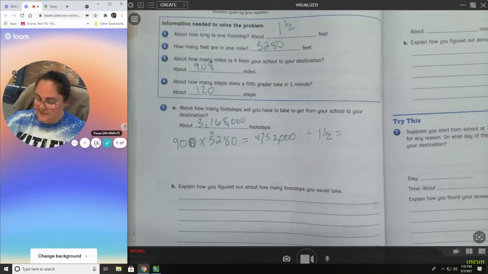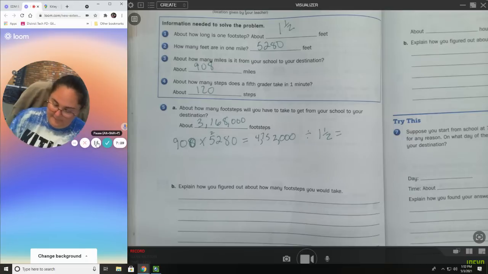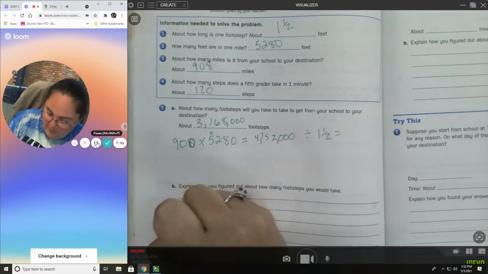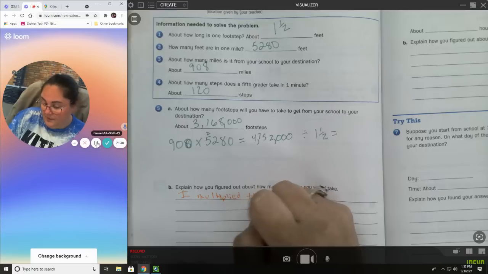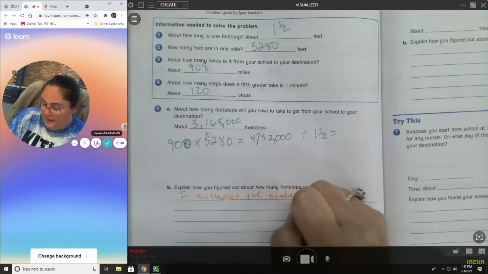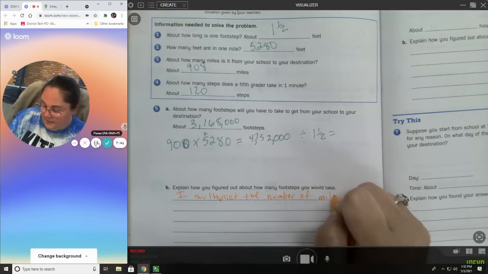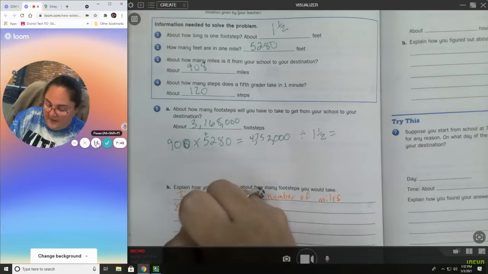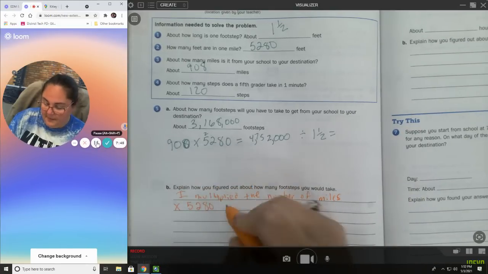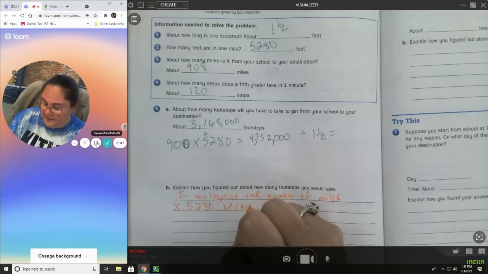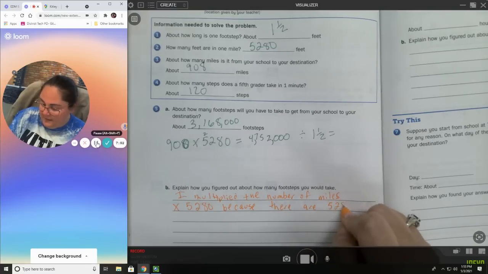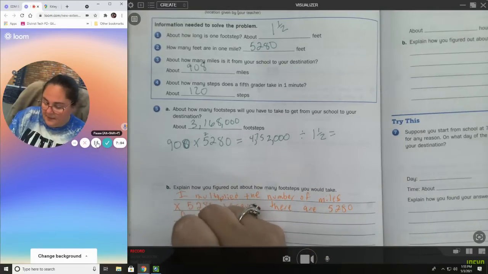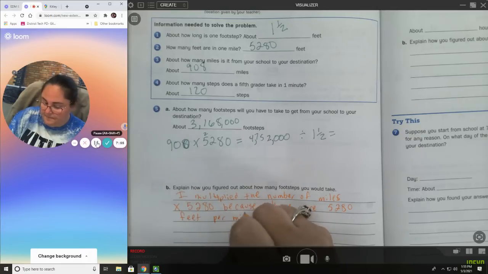All right, in complete sentences. This is what you should have written. I multiplied the number of miles times 5,280 because there are 5,280 feet per mile.